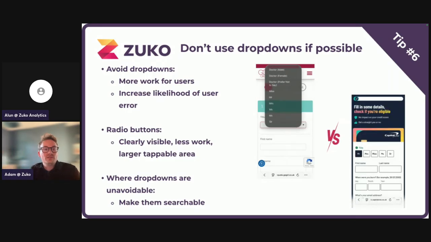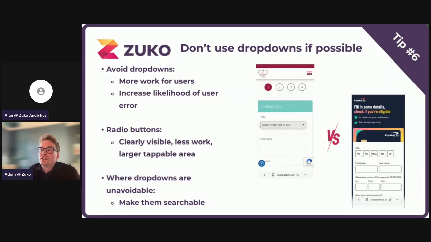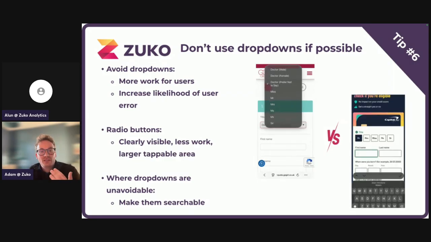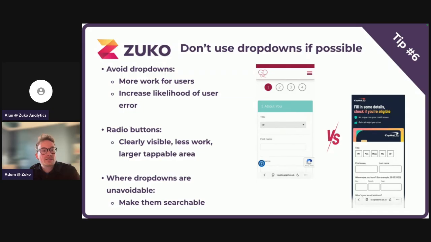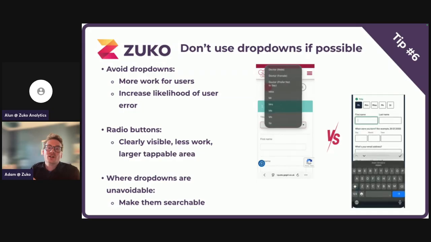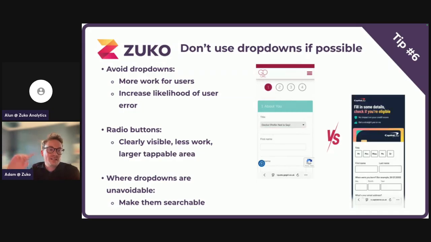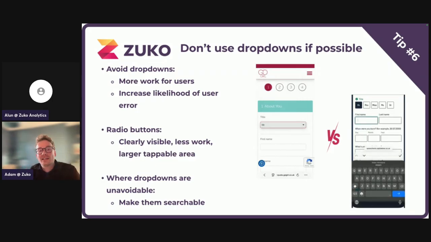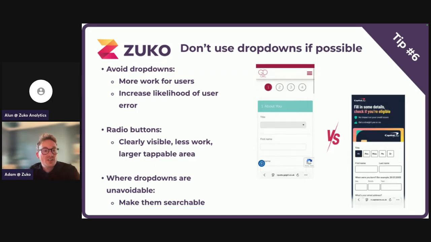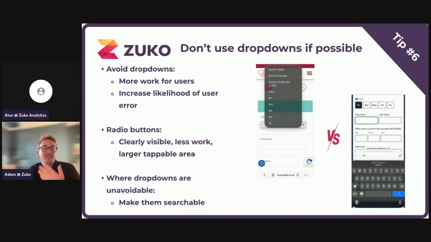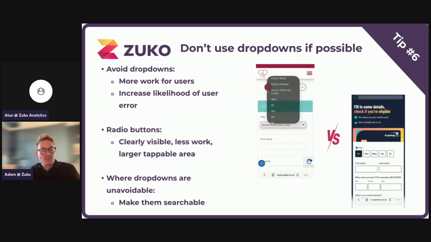It makes sense to use a drop down. However, you want to reduce the scrolling impact. If you're selecting United Kingdom, you don't want to have to scroll through 190 countries before you get to the bottom of that list. So you might have a searchable drop down where, yes, it's a drop down, but the user can search on the drop down to reduce the selection and easily find the option they're looking for.